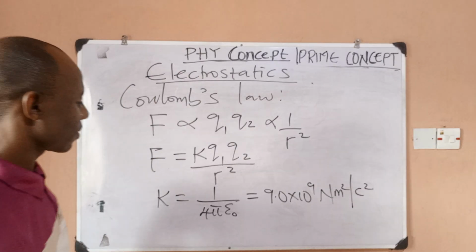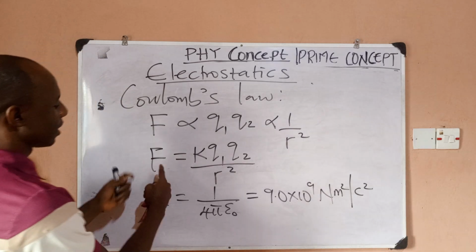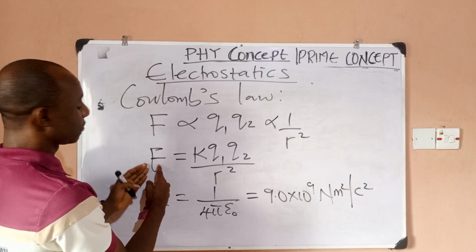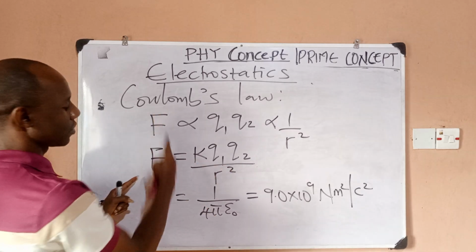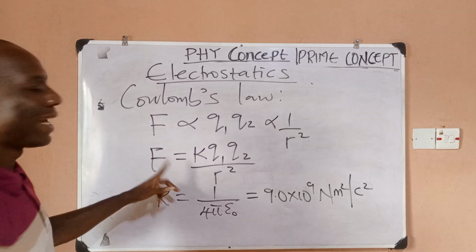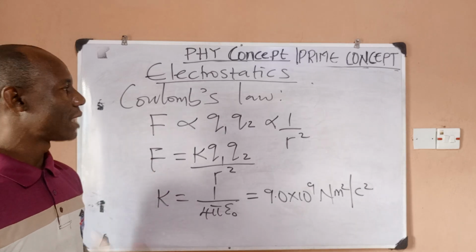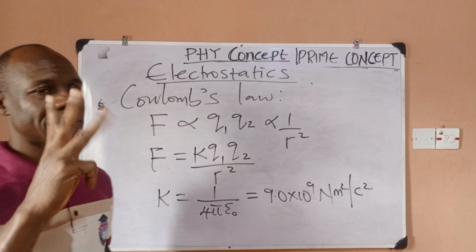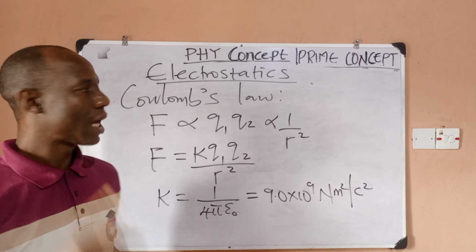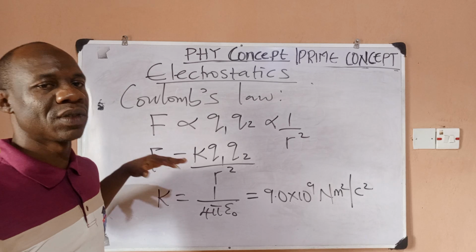Now we're going to proceed and solve a few problems, right? This force can be called Coulomb's force, electric force, or electrostatic force. Let me mention that in nature there are three forces that nature gives us, and one of them is the electric or electrostatic force.